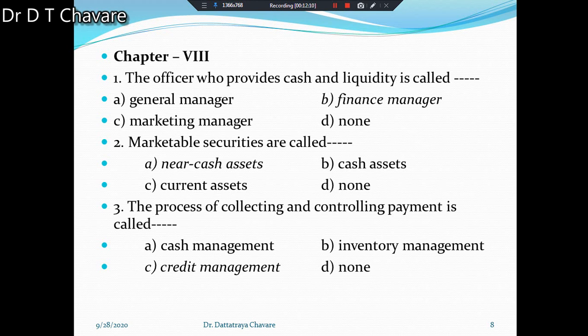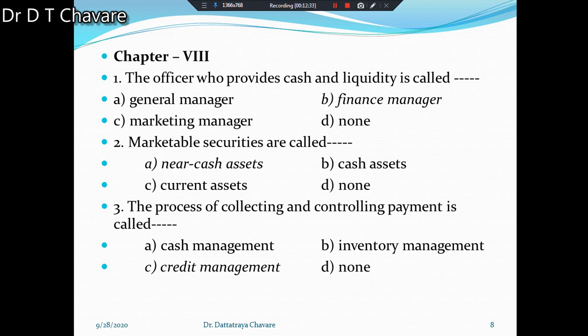Then the next chapter is also there. In chapter number 8, what are the probable MCQs? The first probable MCQ is: the officer who provides cash and liquidity is called dash dash.